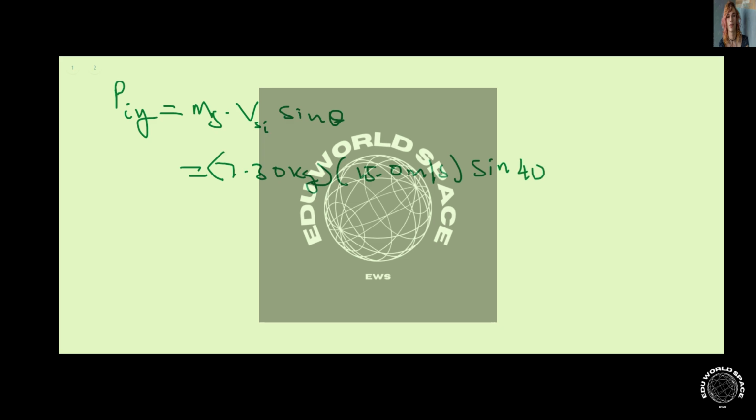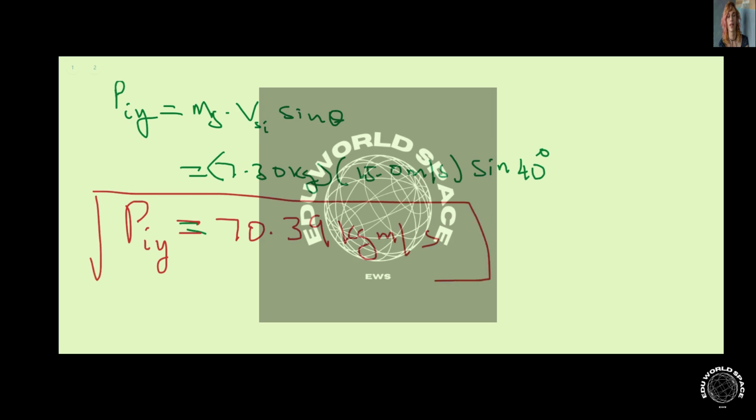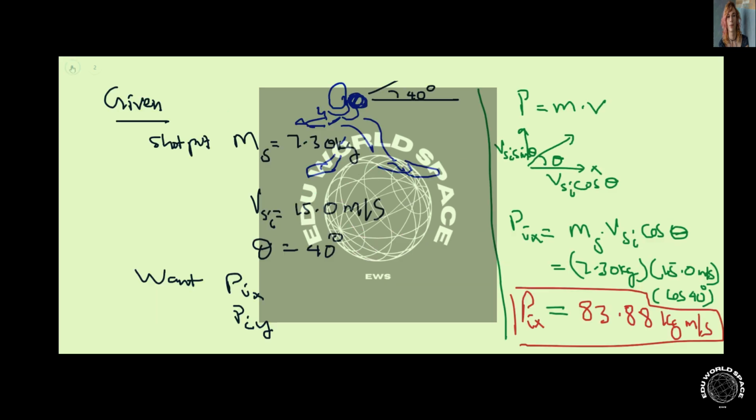So this becomes 7.3 times 15 times sine of 40, and that gives us 70.39 kilogram meters per second.